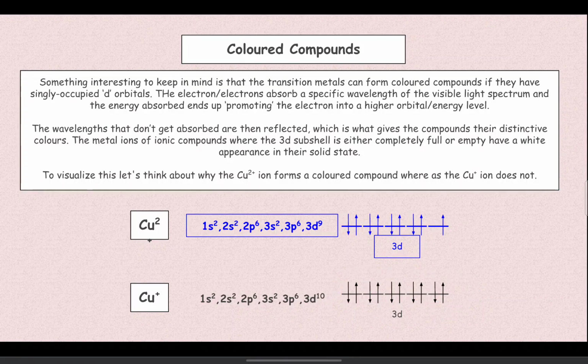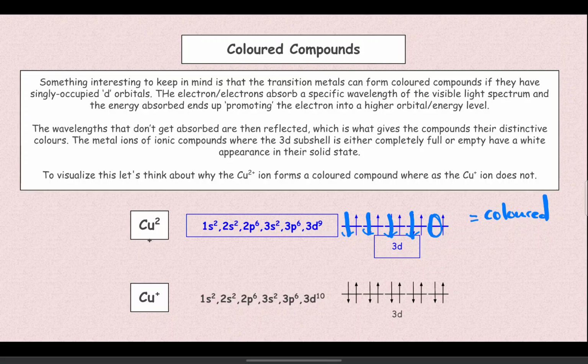If it's partially full, as you can see, this has got 1 down, 2 down, 3 down, 4 down, but it's missing this one, so it's partially full, which means it's colored. And that's just a little bit of extra information on colored compounds and why the compounds are colored.